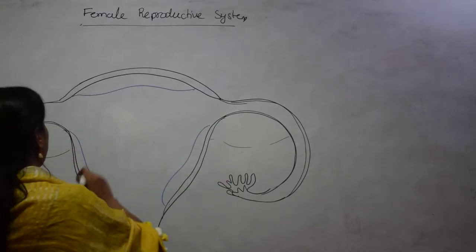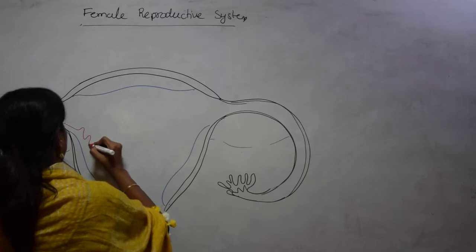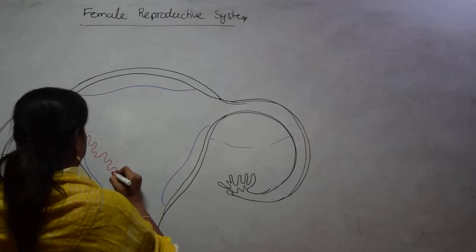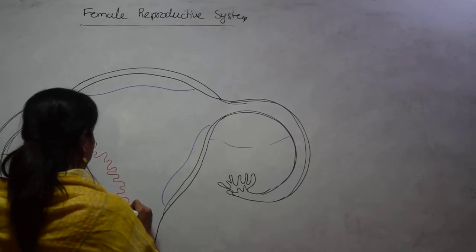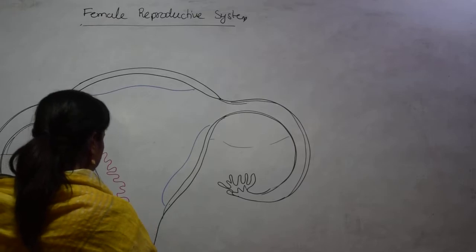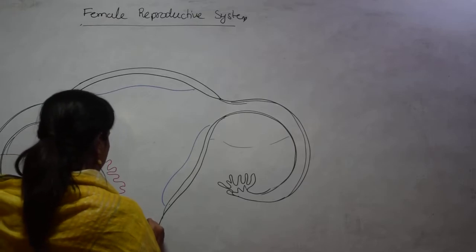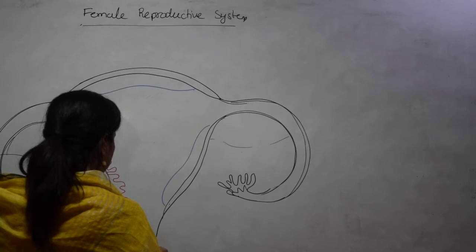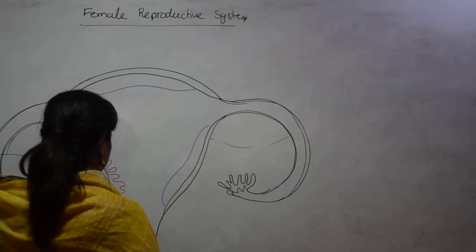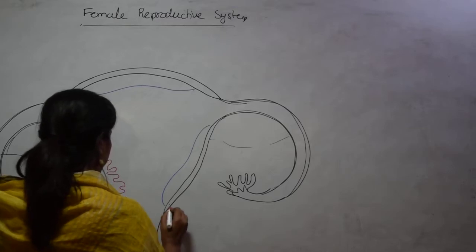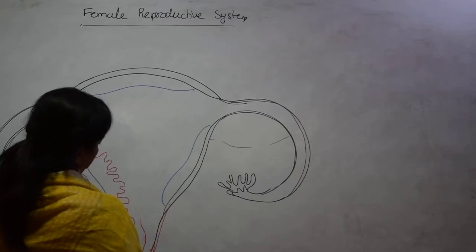Then a highly vascularized structure, which we call the endometrium. And here is the cervix, the last portion of it. Second layer I am drawing, this is the cervix.